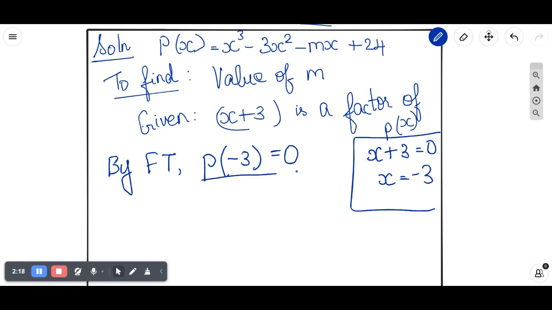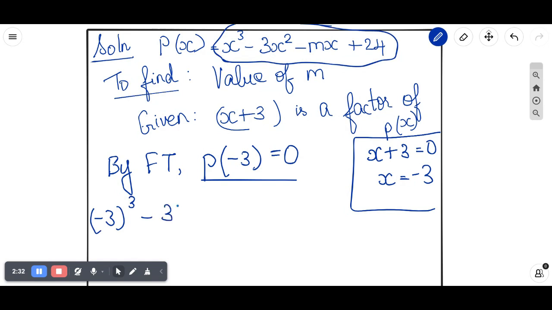So let us put this minus 3 in our polynomial. Be very careful when you apply this. Minus 3 the whole cube, minus 3 into minus 3 the whole square, minus m into minus 3, plus 24 is equal to 0.